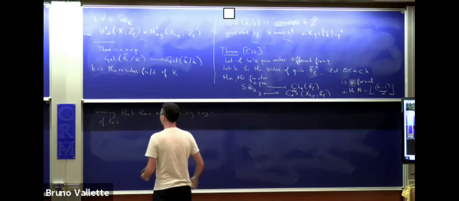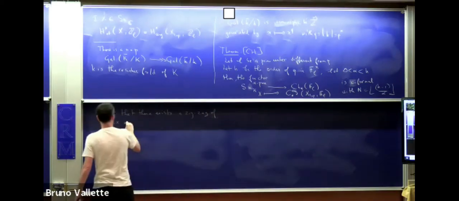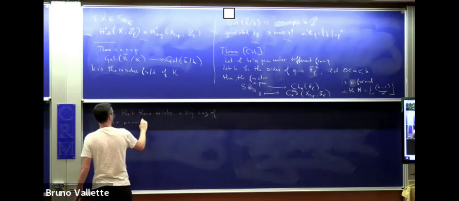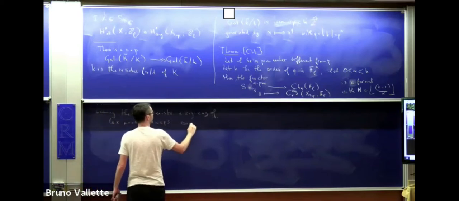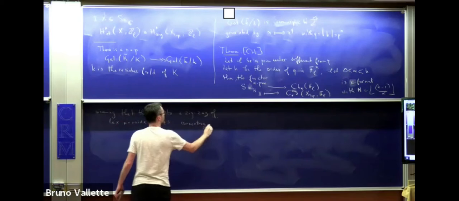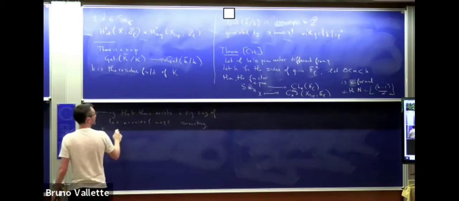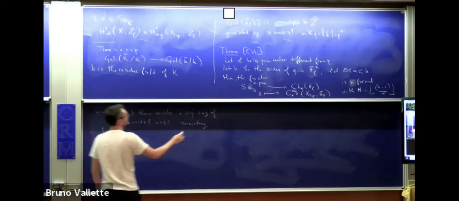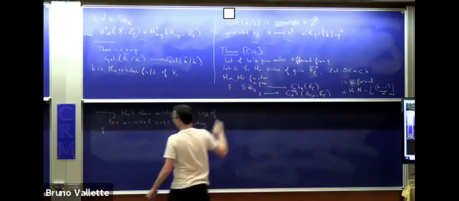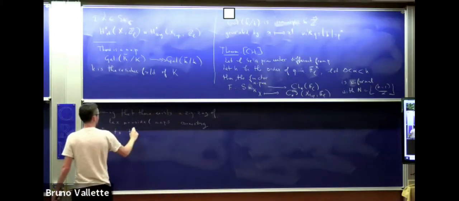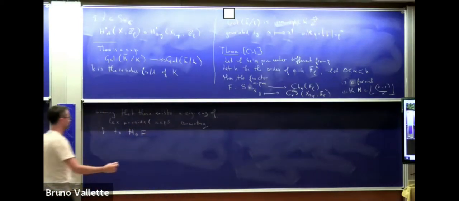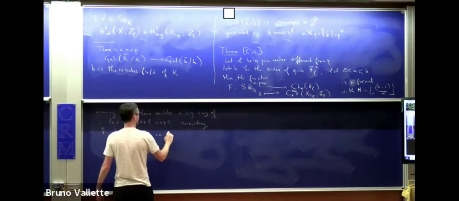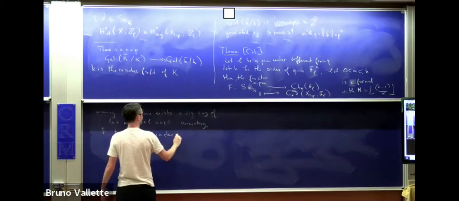So let me write as follows. There's a zigzag of lax monoidal maps connecting F to homology composed with F, inducing isomorphisms in homology up to degree n.